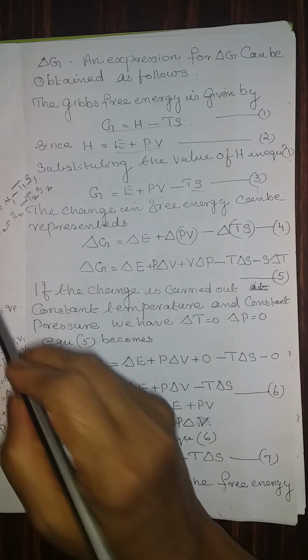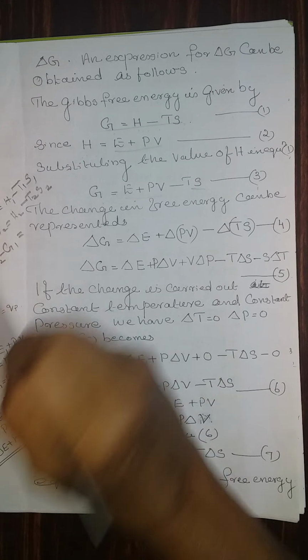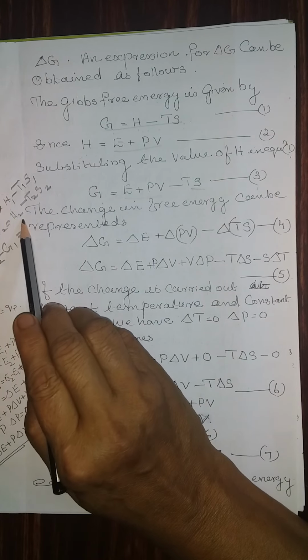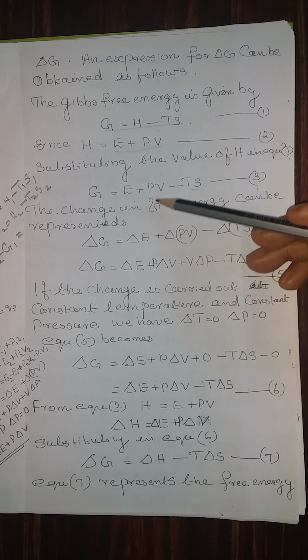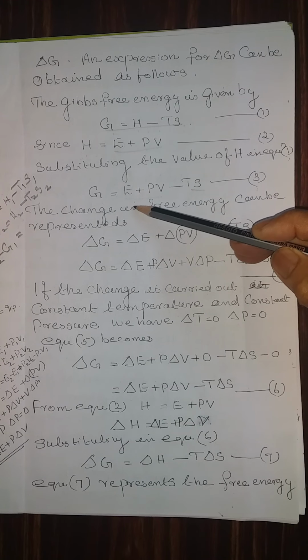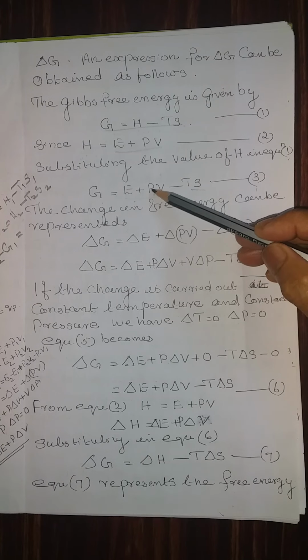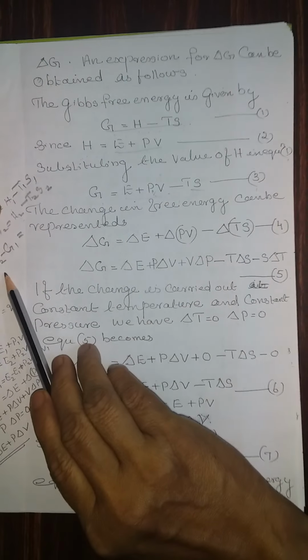That means from that, G2 minus G1. G2 minus G1 is equal to, that means these H are replaced by E plus PV. Therefore, you write another equation: E plus P1 V1 for G1, and P2 V2 for G2.